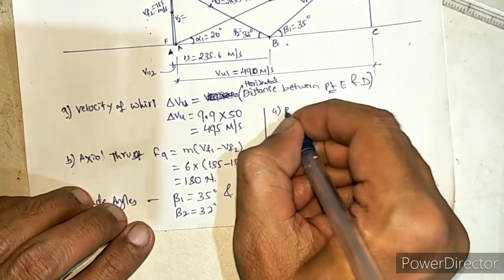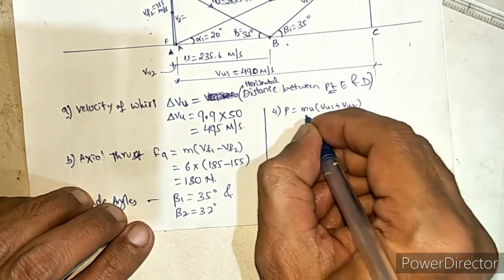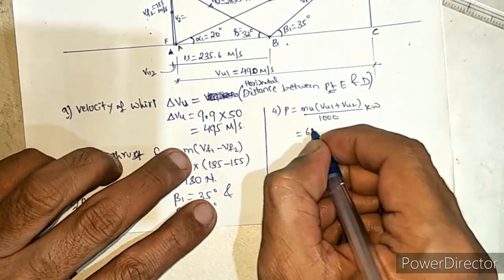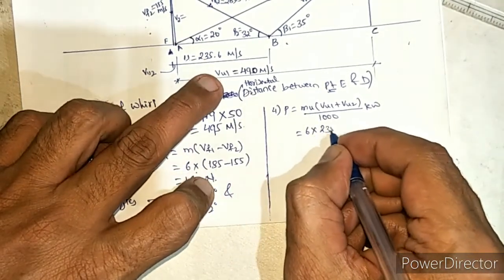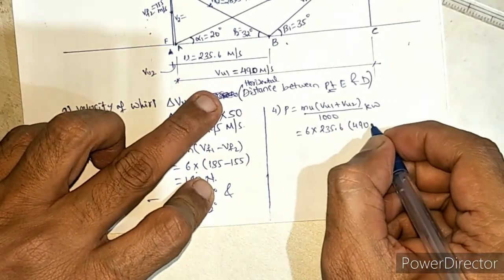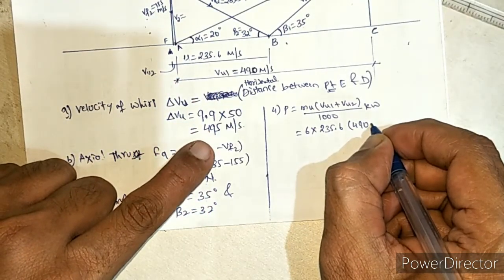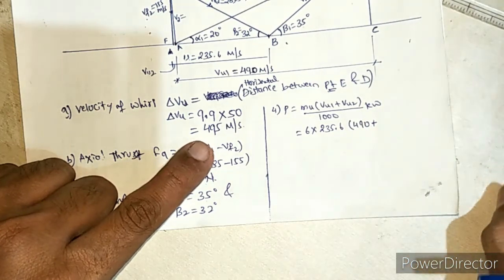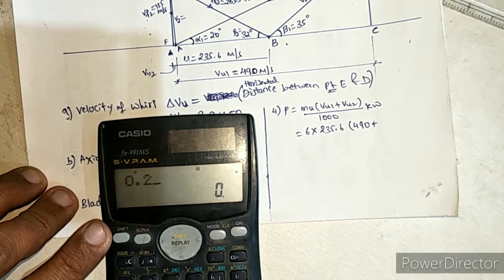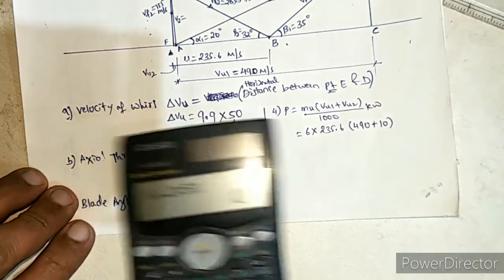Power is equal to m into u into bracket Vu1 plus Vu2 divided by 1000 kilowatt. So this is the equation for power. So 6 into u, which is 235.6, into Vu1 which is 490, plus Vu2. Vu2 is 2 mm, that is 0.2 into 50, so it will be about 10 meters per second.